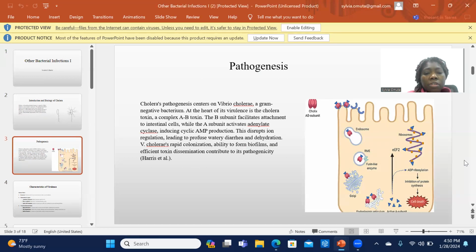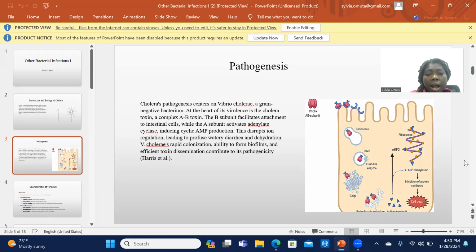Pathogenicity. The cholera pathogen centers on Vibrio cholerae, a gram-negative bacterium. At the heart of its virulence is the cholera toxin, a complex AB toxin. The B subunits facilitate attachment to intestinal cells, while the A subunit activates adenylate cyclase, inducing cyclic AMP production.